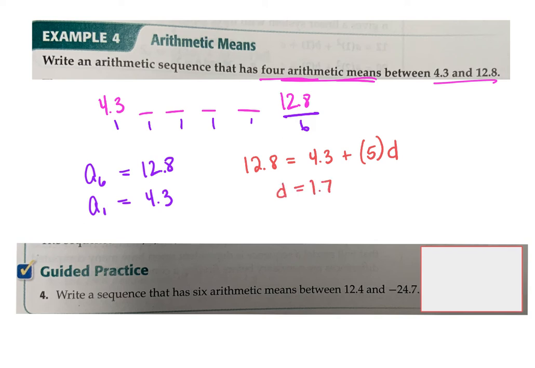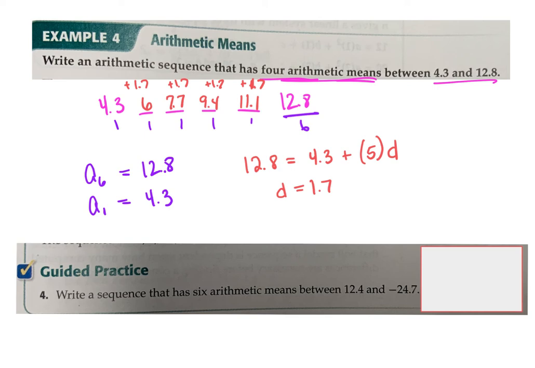Well, now that I know that, I'm just going to add 1.7 each time, or I can plug into 3 and 4 if I want to fill those in. And so I'll get 6, and then 7.7, and then 9.4, and then 11.1. And those would be my 4 arithmetic means in between those two.